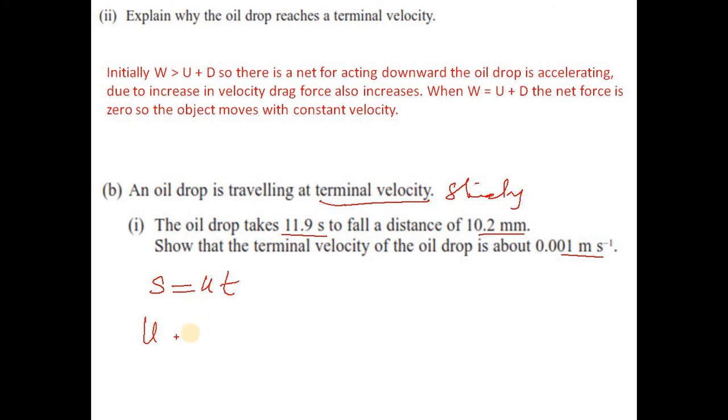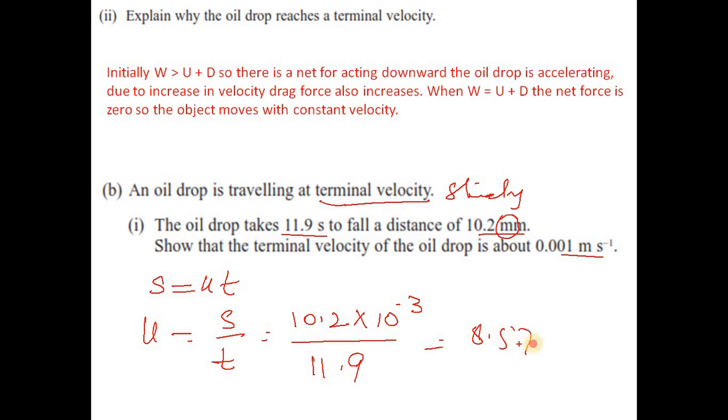So u is the velocity, distance upon time, and the distance traveled is 10.2 into 10 to the power minus 3 because of the milli, divided by time, which is 11.9 seconds. When you solve this, you have the answer 8.57 into 10 to the power minus 4 meter second inverse. You can round this off to 0.001 meter second inverse. So this is your velocity.